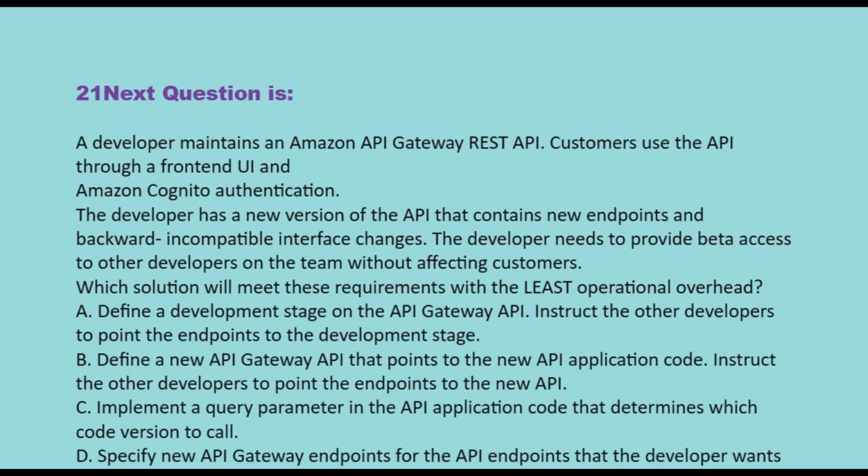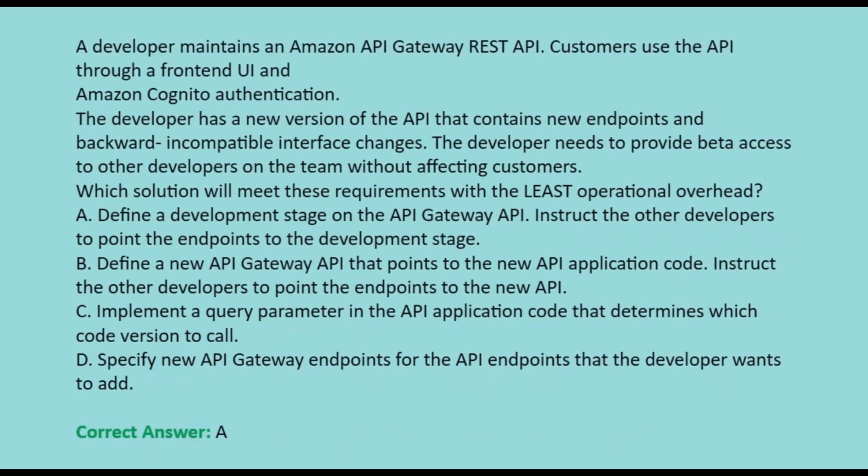Option C, implement a query parameter in the API application code that determines which code version to call. Option D, specify new API Gateway endpoints for the API endpoints that the developer wants to add. Correct answer is option A.